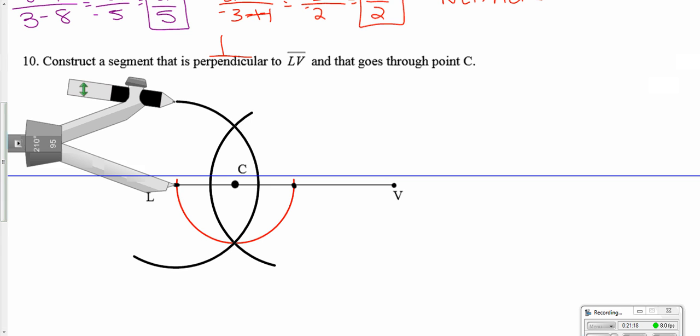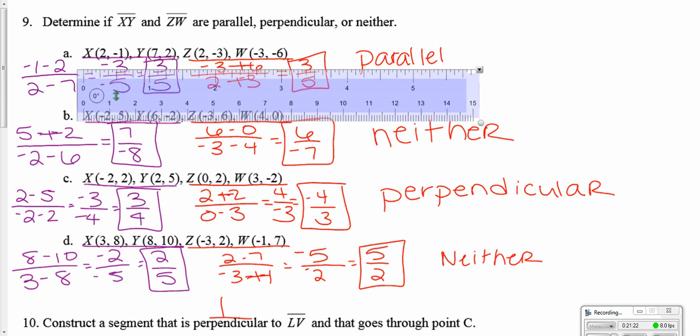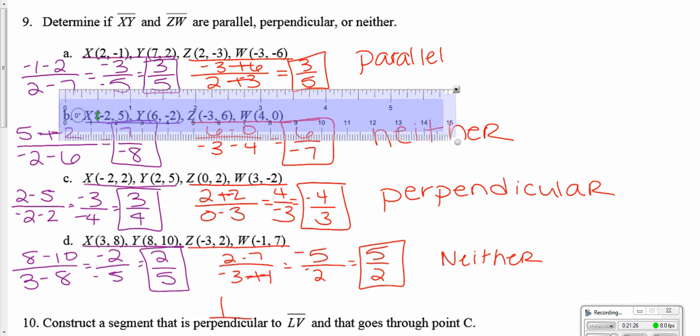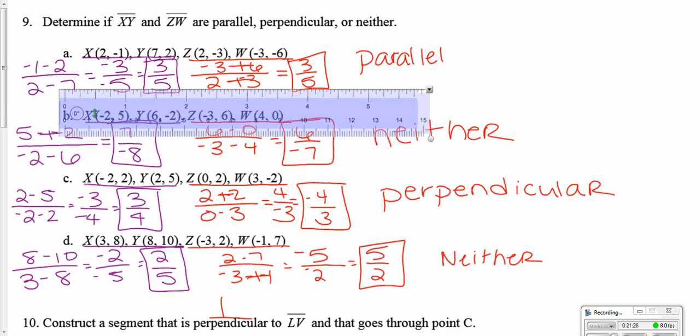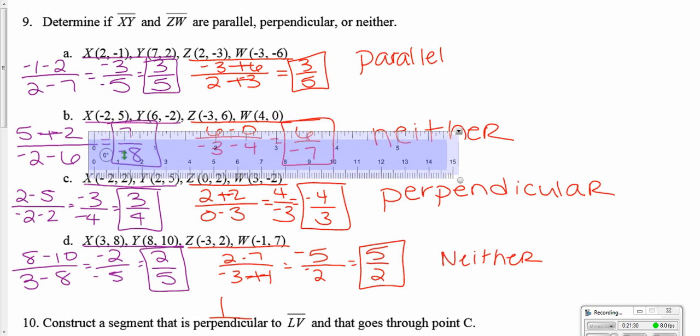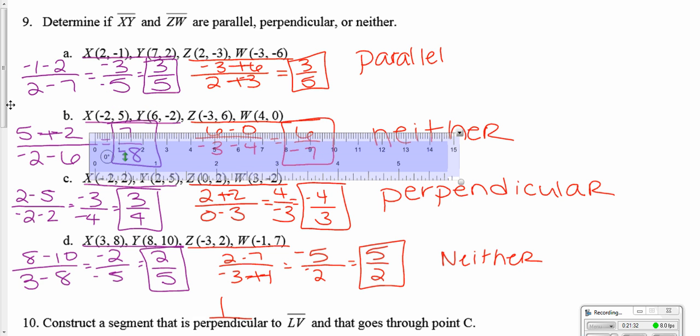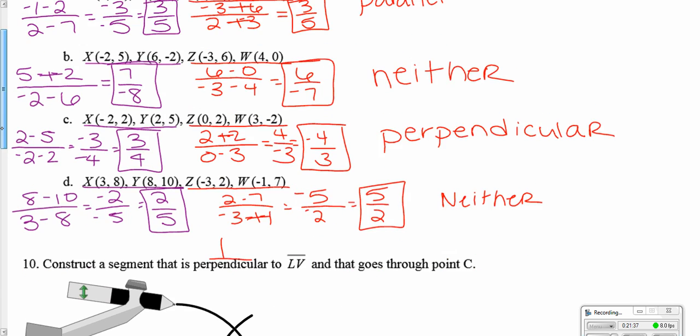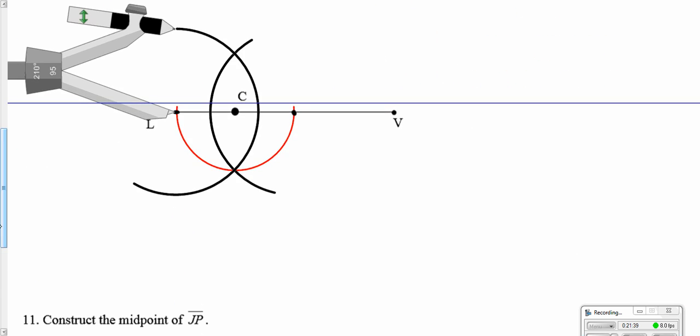Get my ruler out, which is up here. If I can figure out how to rotate it, that would be awesome. Which I still have not figured out how to do. So we're just going to use our line tool. So there's our perpendicular line through point C.